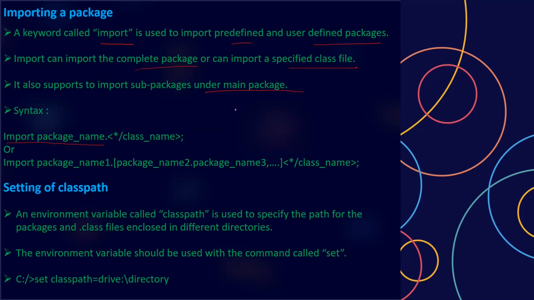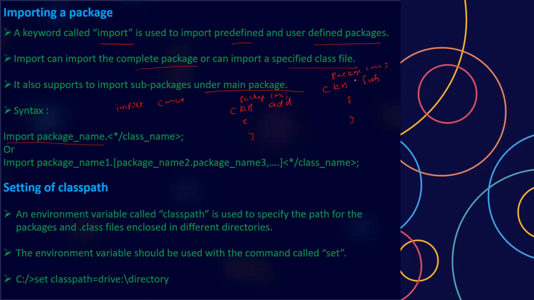If I have a class called add, and I have one more class called sub, is that point clear? I'm going to write package CMC here, and here also I'm going to write package CMC.